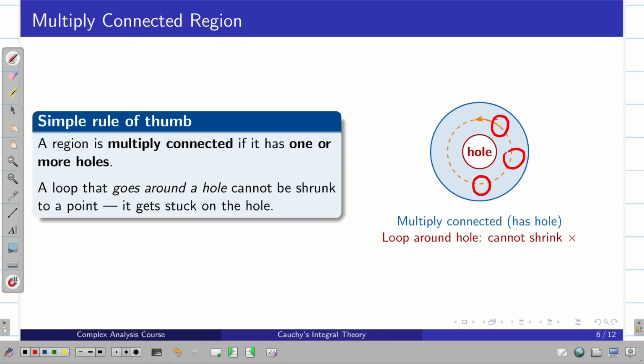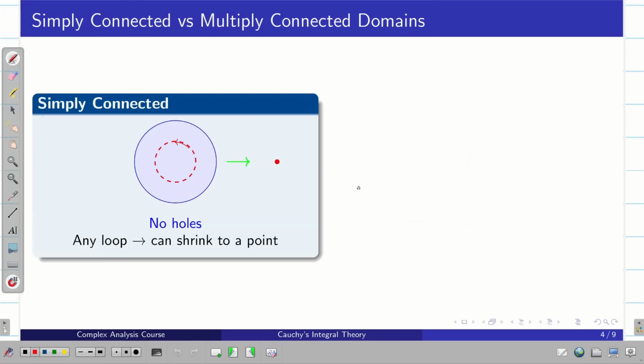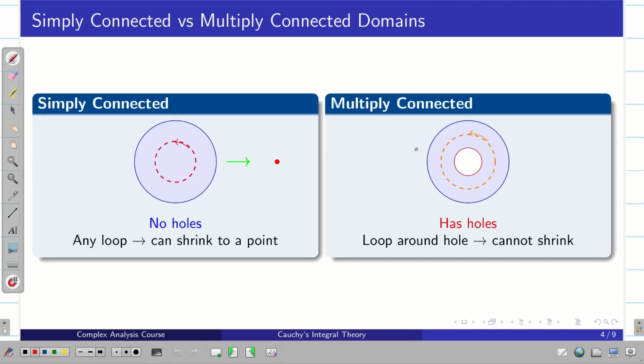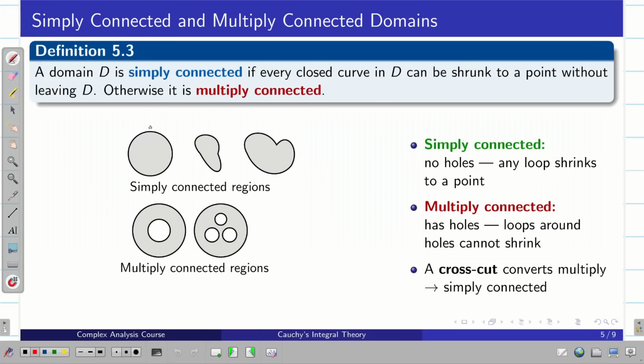Here, we cannot shrink this to make a point. We can have a visualization. If it has no holes, I can contract it to a point. For a multiply connected region, it has holes, so I cannot shrink this. You can see the definition of simply connected and multiply connected domains, and we can see a few figures for simply connected regions and multiply connected regions.